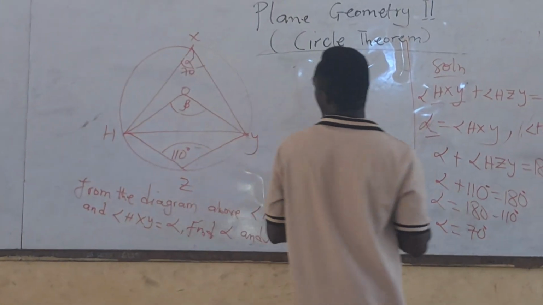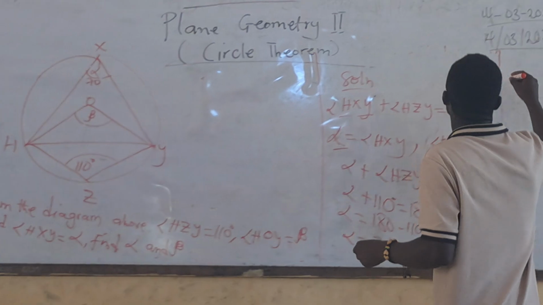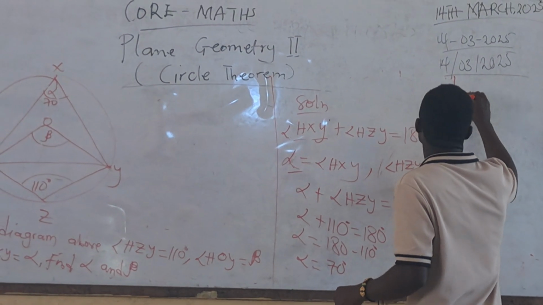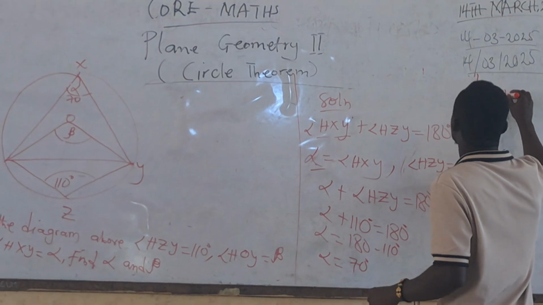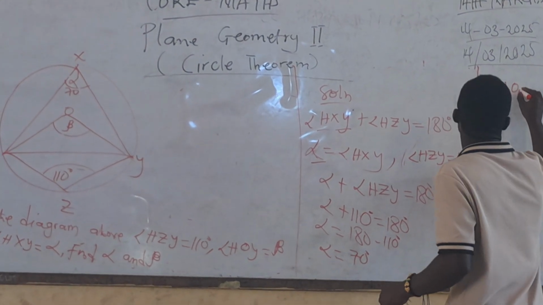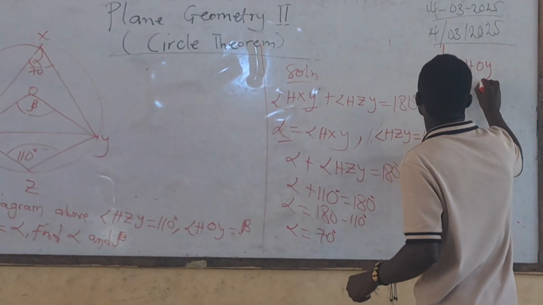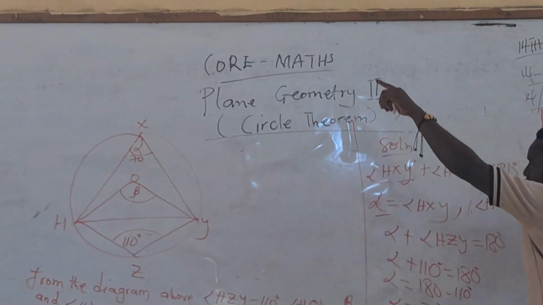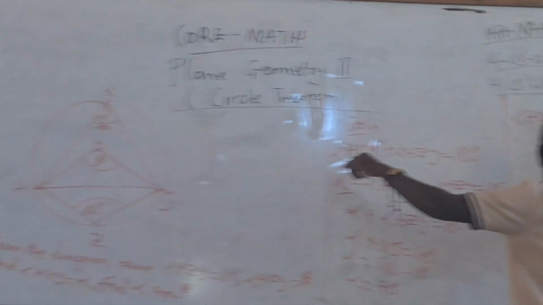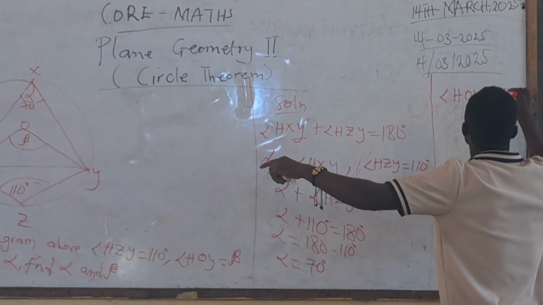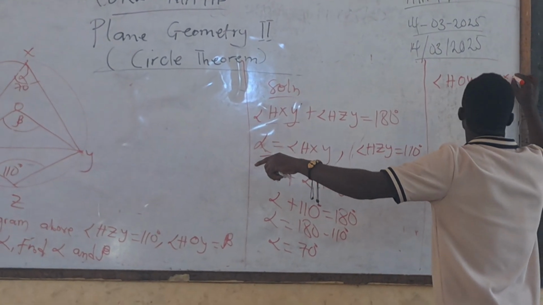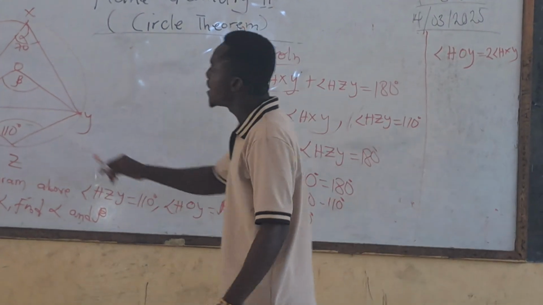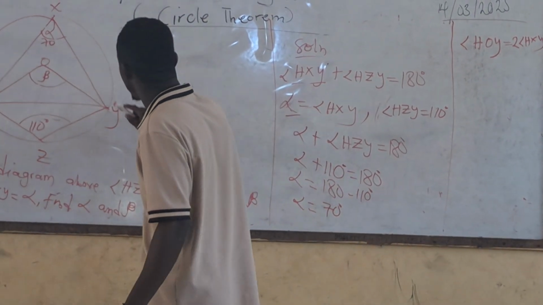Therefore, we can say that angle HOY is twice the angle formed at the circumference, which is twice angle HXY.